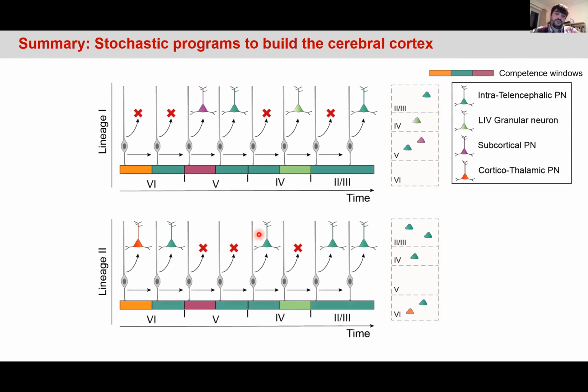Instead, these progenitor cells could follow the same or a very similar hardwired molecular pathway that will allow them to transit across different competence states, but then will be plugged to population level modulation mechanisms that can make them take a number of stochastic decisions along their way, so that their final output will be very different from one cell to another without requiring the use of specific different hardwired programs for that.